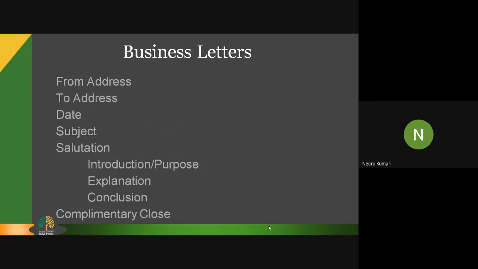Then comes the next, the subject line. This is very important and very crucial. Most of the time, people ignore it. Please remember, the punctuation mark included here is a colon, not a semicolon. Whenever you are writing the subject, most of the time we write Sub, then a colon, and then we write the context, what we want to inform the recipient through this particular letter.